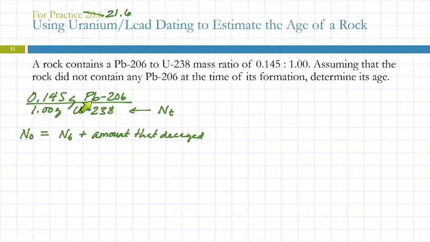But the mass of lead is not the same as the mass of uranium, and so we need to do a little conversion there. 0.145 grams of lead, and there's going to be 238 grams of uranium for every 206 grams of lead. So we can calculate 0.145 times 238 divided by 206.